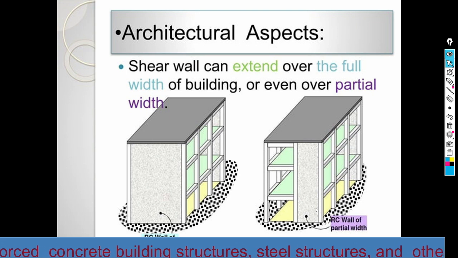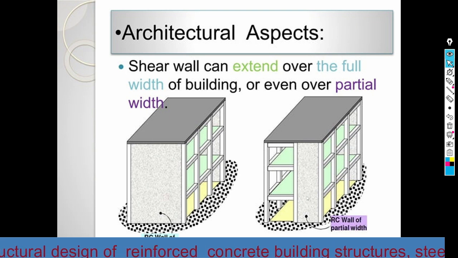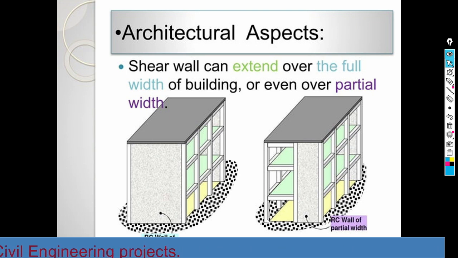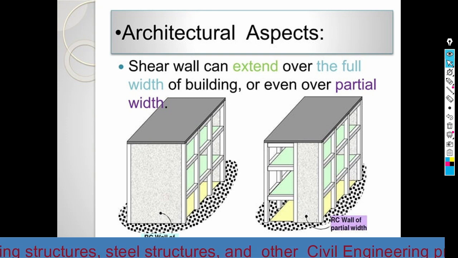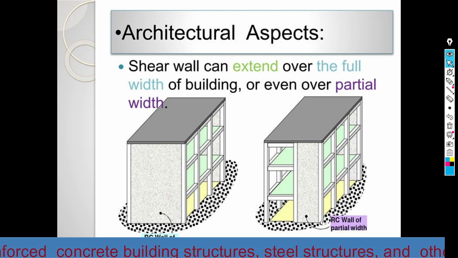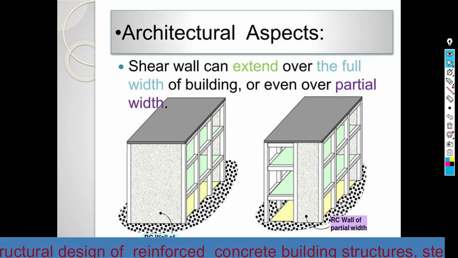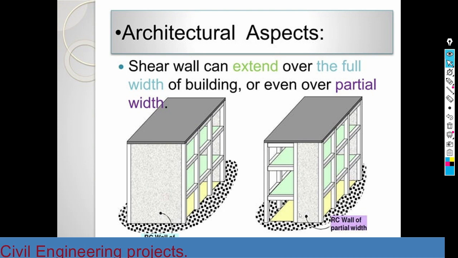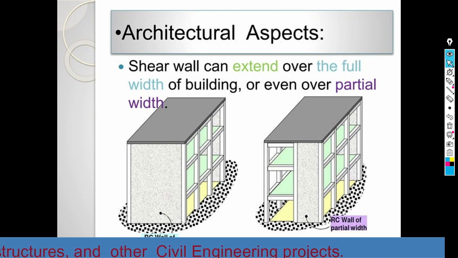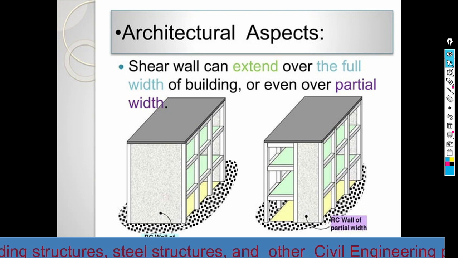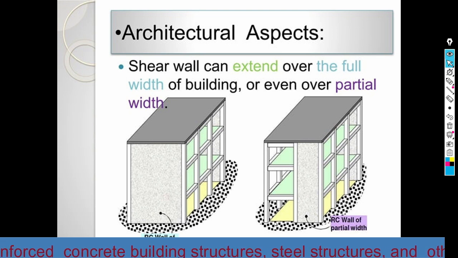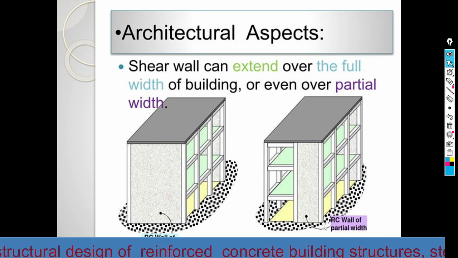In this case, the shear wall is not provided for the full width of the building. Here, it is provided for half width of the building. So it is not advisable to provide. It may be provided for the full width, or it may be provided for the partial width.